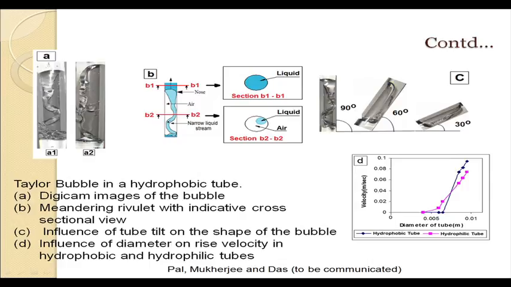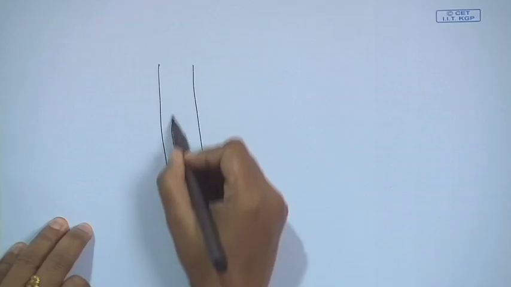Firstly, in the previous case, we had a hemispherical nose. We have shown it a number of times. It had a hemispherical nose and a flat tail.